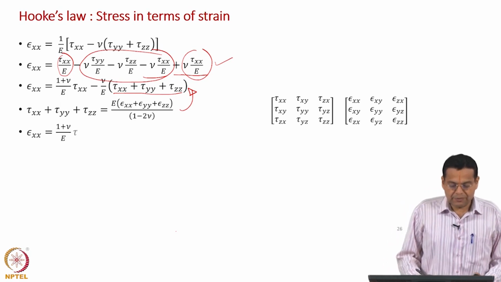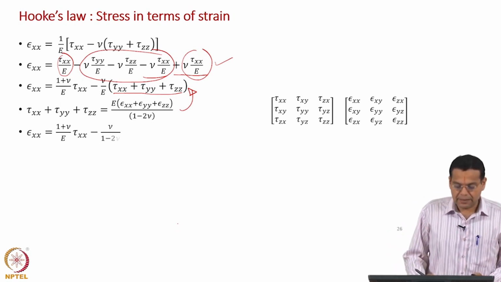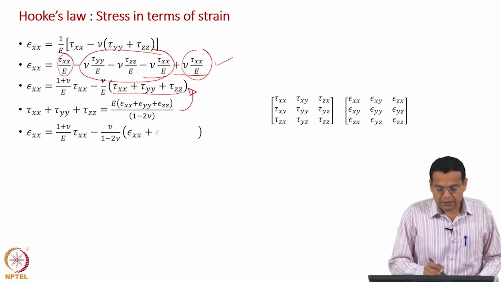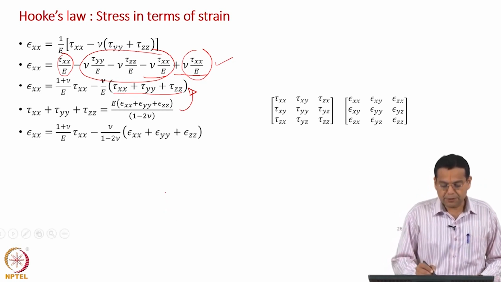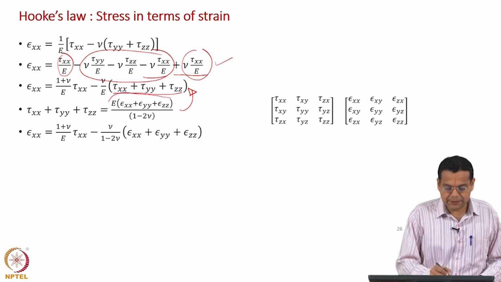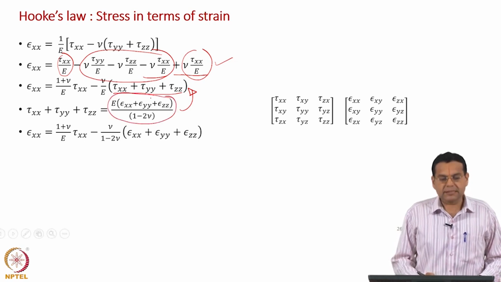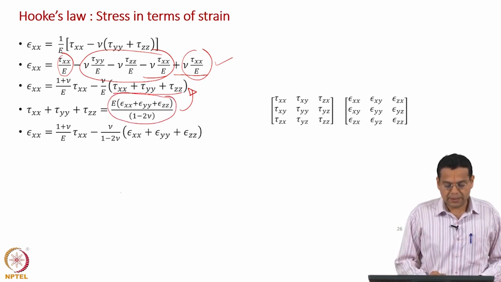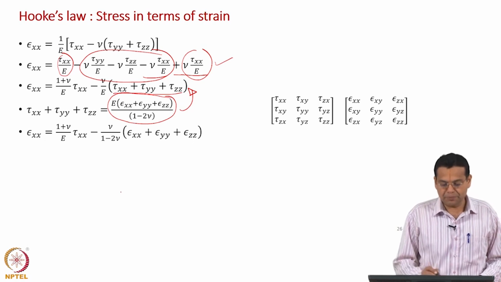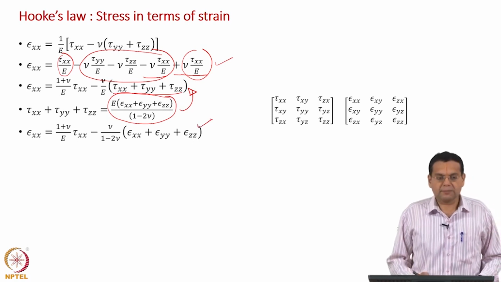So, on the right hand side first term as such, and then for the sum of normal stresses I substitute this expression and E cancels out, and what you have is minus nu by 1 minus 2 nu into the sum of the normal strain.